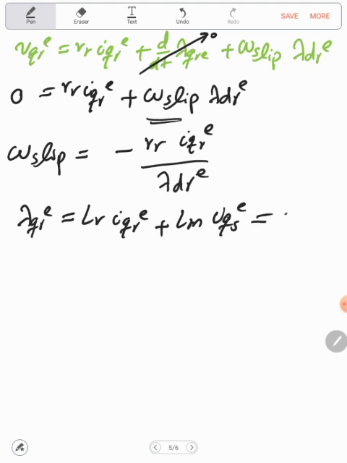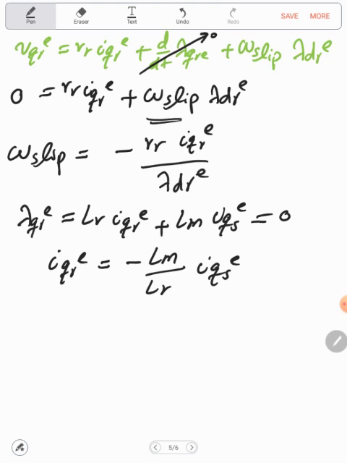Now this by assumption is equal to 0. So from here we can write IQRE is equal to minus LM over LR IQSE.